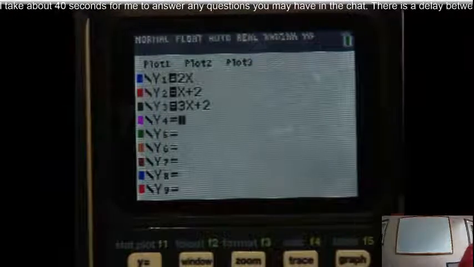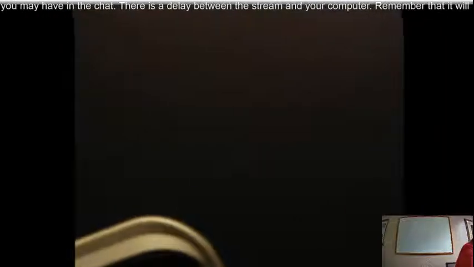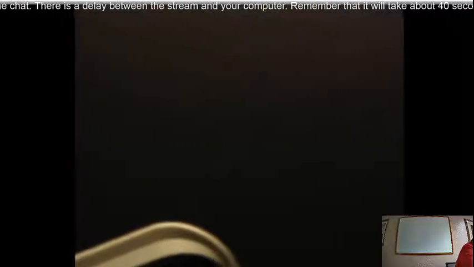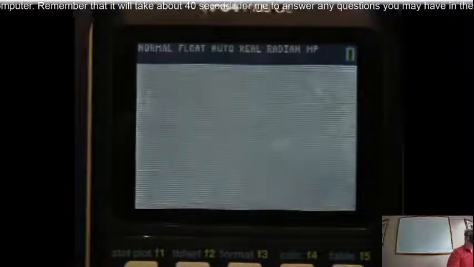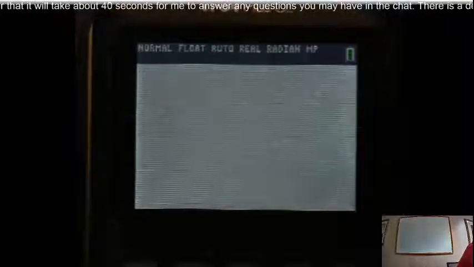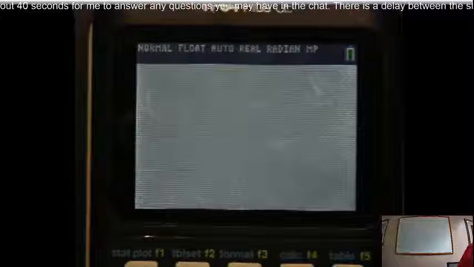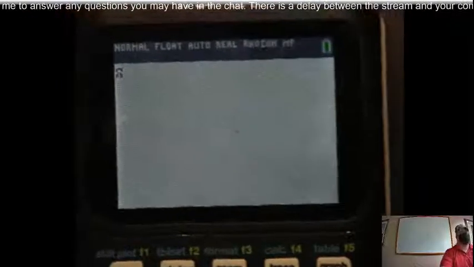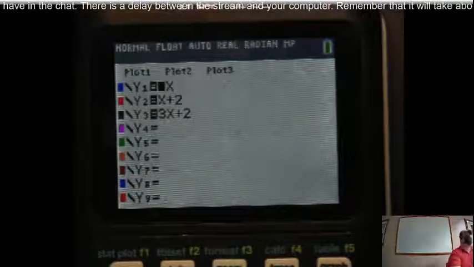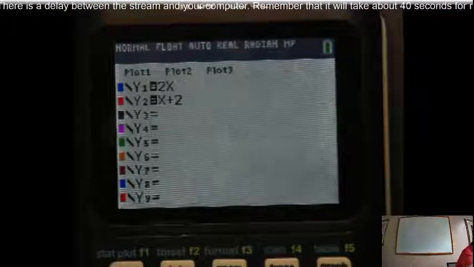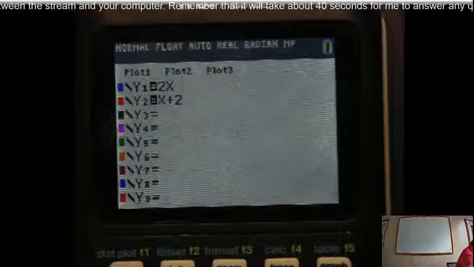So to end off today, let's go ahead and see what graphs of these look like. Okay, so I have our f of x and our g of x plugged into here.